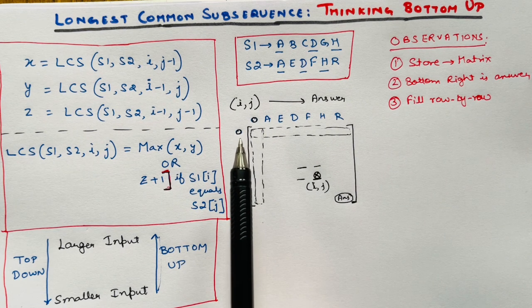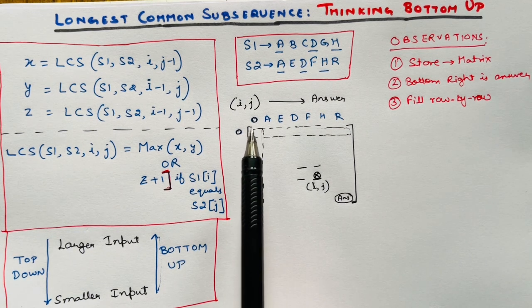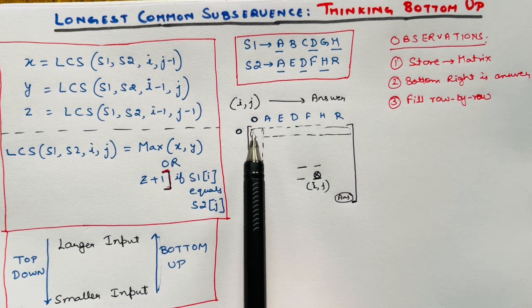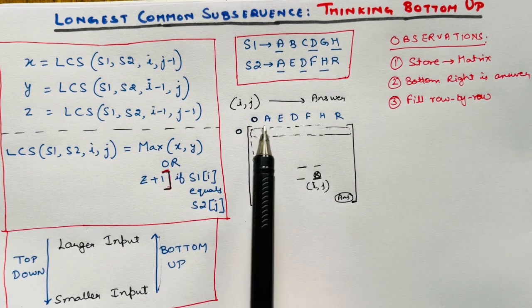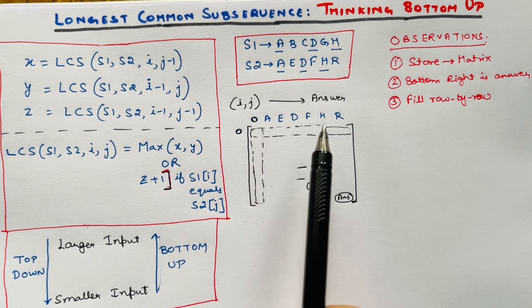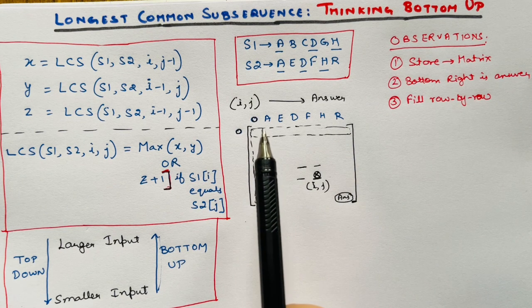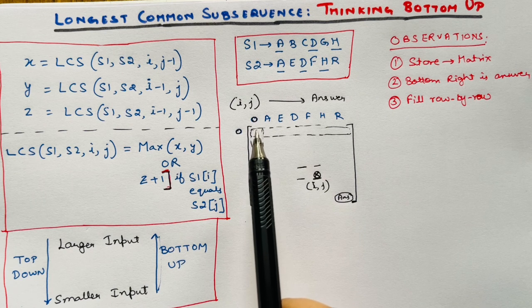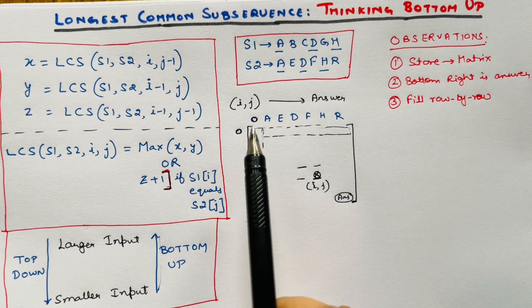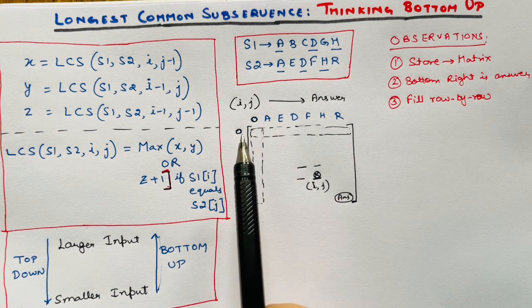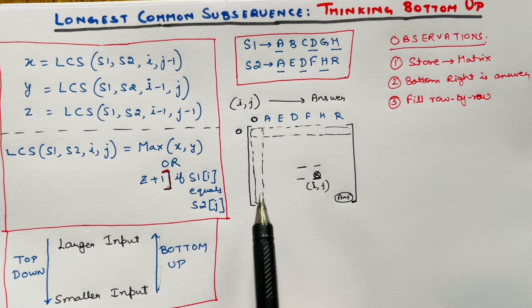There is not a single character that we have to consider in S1. And S2 changes from completely empty, to A, to AE, and so on till the whole AEDFHR is covered. Similarly, the first column will denote that S2 is completely empty, and we are gradually progressing S1 from completely empty till the position where the whole of S1 is being considered.